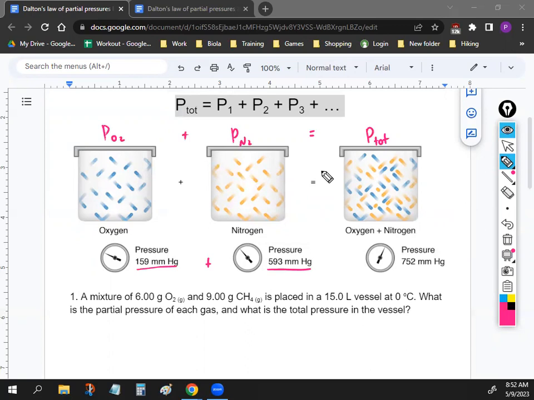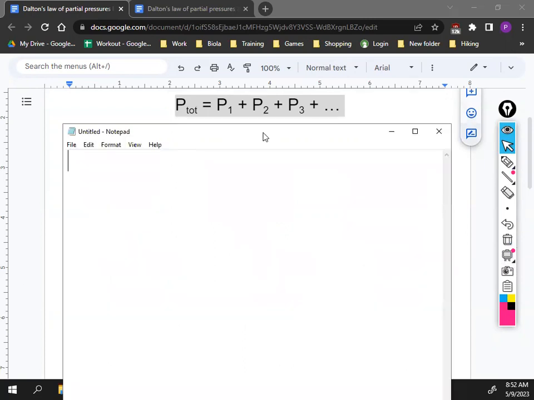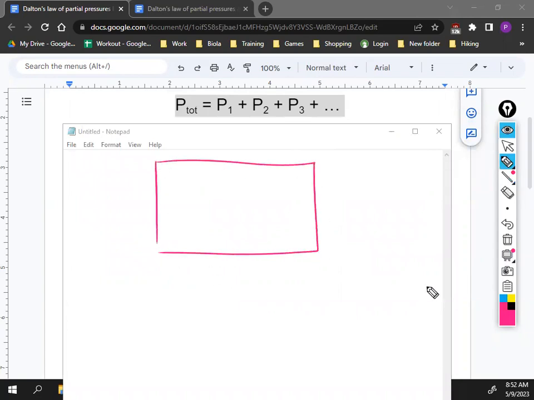All right, so let's do a little pop quiz just to see if you guys understand this topic. It's super easy. Let's say we have a container, and inside the container we have water vapor. I'm going to draw some water vapor.